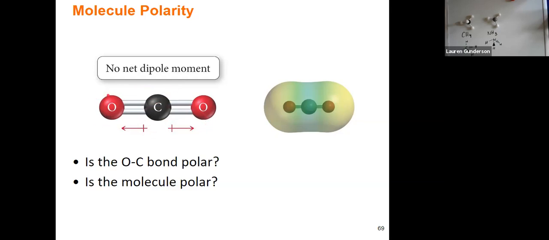And the electrons don't end up clustered in any one particular area. Okay, so even though the C-O bonds, in both bonds here, are polar bonds, overall our molecule is not a polar molecule here because the polar bonds offset one another exactly.